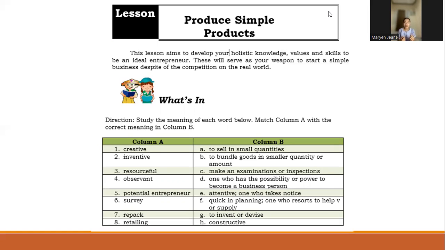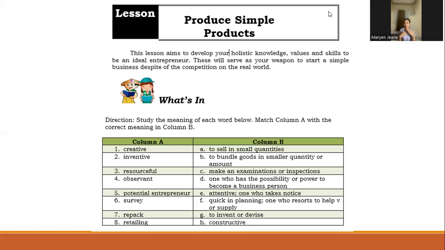It means having a business. It may be small or big. So when you are making your own money through selling products or services, you are already called an entrepreneur.